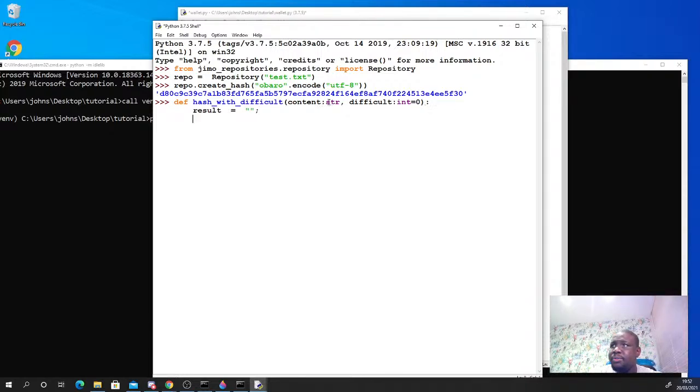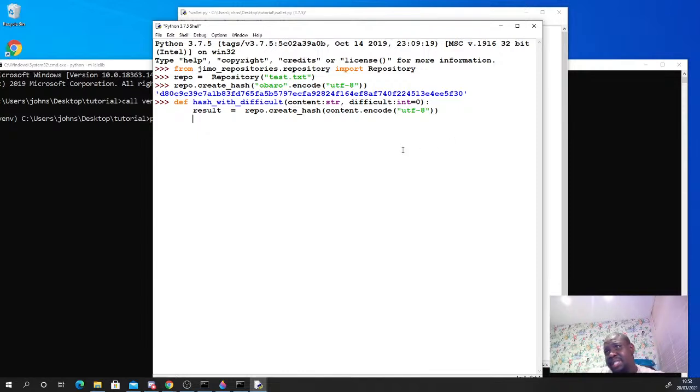So the first result is going to use the repo to create the hash. So we're going to just copy this value here and put this here. Because we want different content, the first thing is that we'll take a content, we hash it.